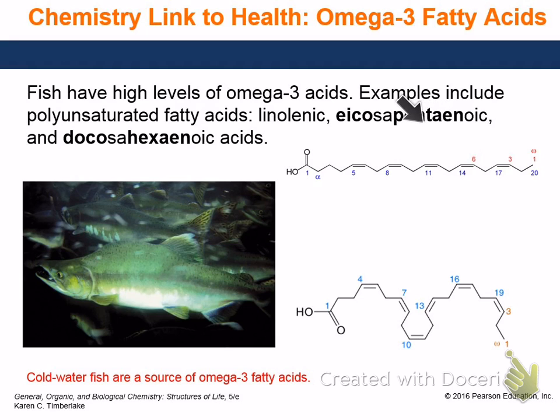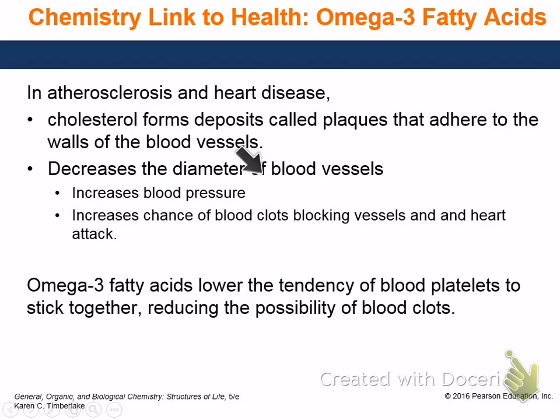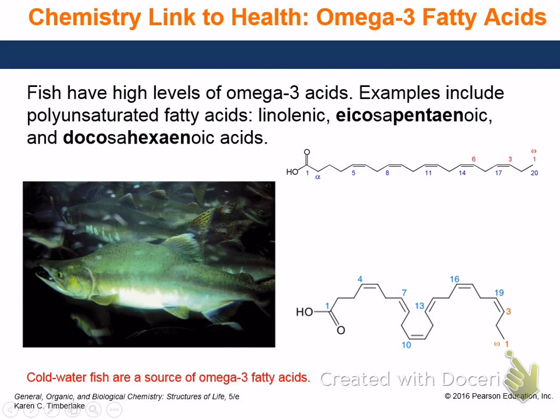Pentaenoic, so that means 5 double bonds, acid. And then this one, docos-, means, again, 20. Do means 2, so 20 and 2, this is 22, okay? Hexaenoic acid means, that's this one actually. No, it's this one. 1, 2, 3, 4, 5, 6 double bonds.